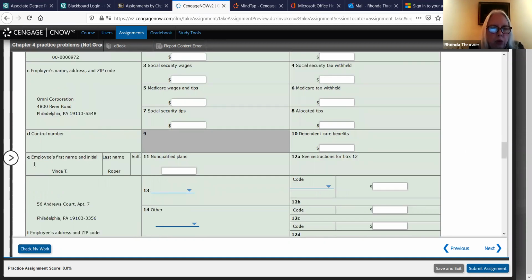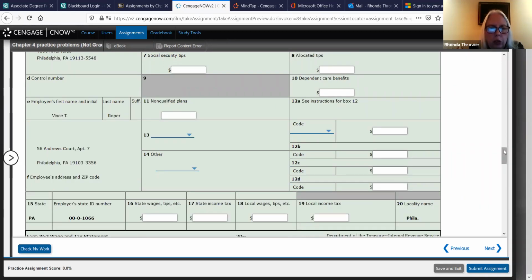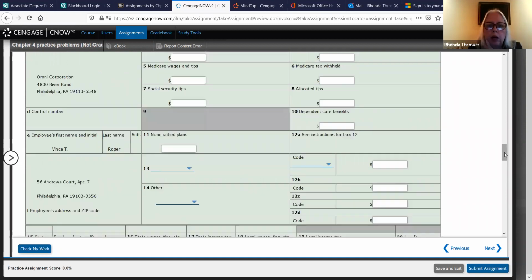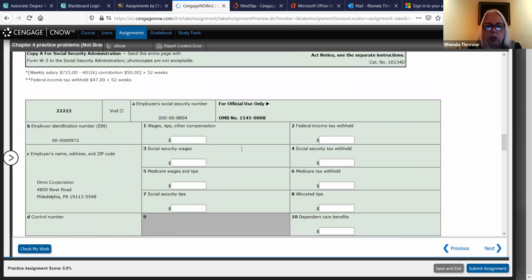The employee's first name went in here, his address goes here. All that information has been given to you. They've also entered in the information for the state of Pennsylvania and the employer state ID. That was entered in for you. So all you're doing is filling in the boxes or the blanks here.